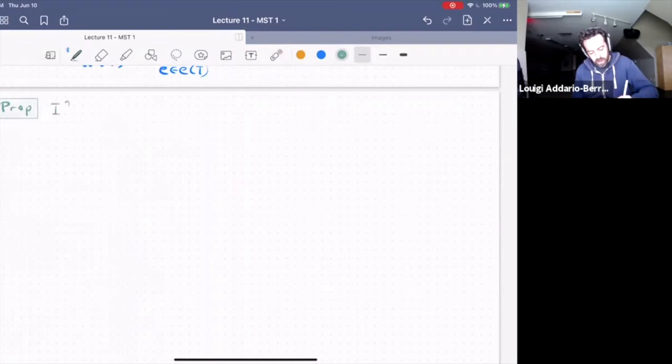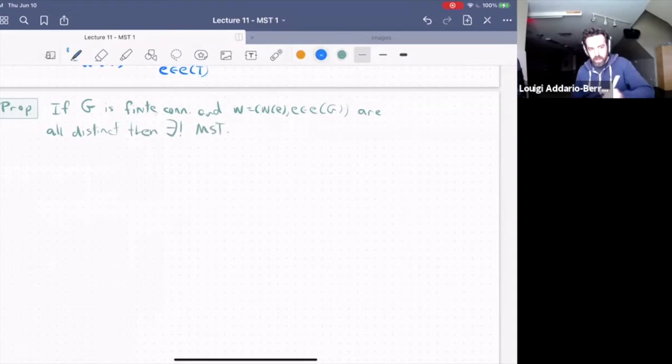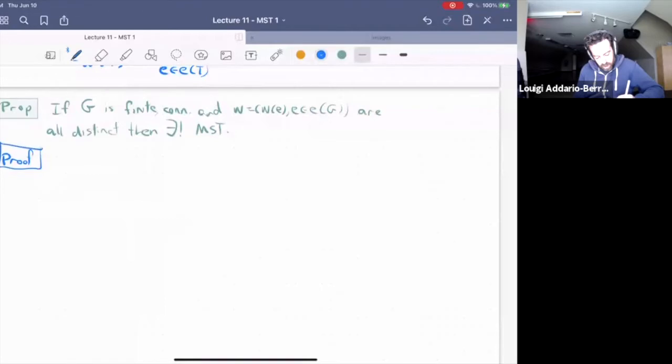That is to say, if G is a finite connected graph and the edge weights are all distinct, then there's a unique minimum spanning tree. Okay, and the proof of this isn't very hard.